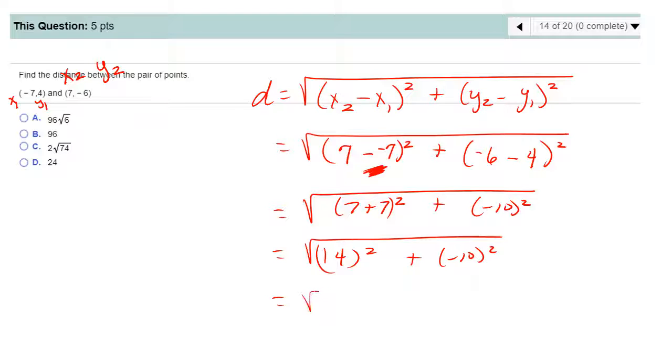So 14 squared is going to be 196, and negative 10 squared is 100. So I end up with the square root of 296. Now that's not any of these solutions, so I'm going to need to simplify this square root.